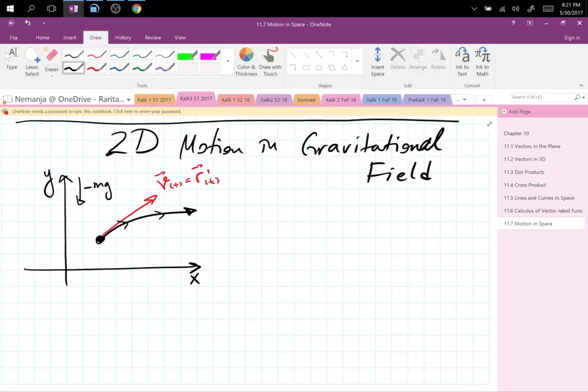Look, if I don't put any acceleration into the object and I let go, what's going to happen? It's going to fall, right? But if I give it some acceleration, initial velocity, it's going to go up until it slows down enough and stops, and when it stops, it's going to fall back down.